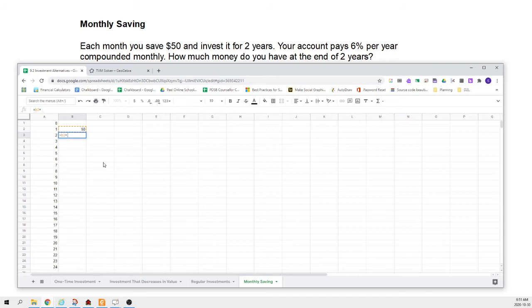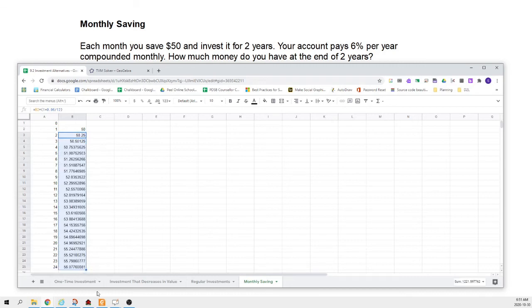And we're going to multiply it by 0.06 divided by 12 because we're compounding monthly. So that $50 we put in is going to be in the bank for 23 months, and at the end of 2 years will be worth $56.08. So we continue this pattern.